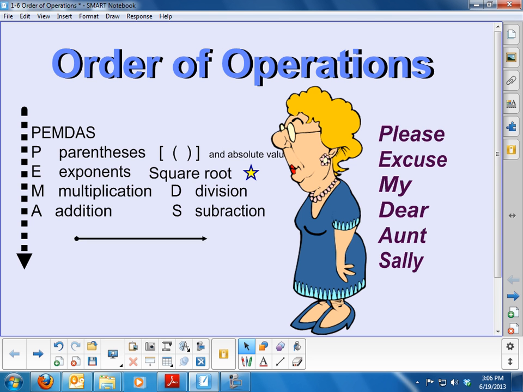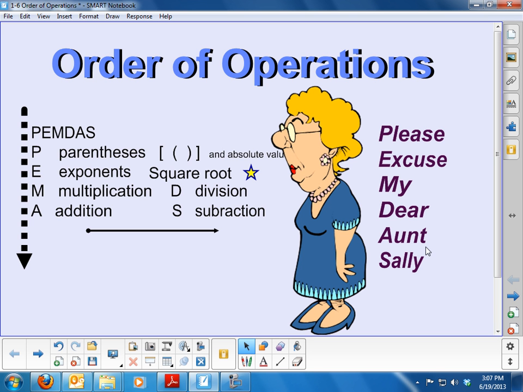That's why I drew this arrow up here, from left to right for multiplication or division. Doesn't matter which one, I put them on the same level. The final level is our addition or subtraction, whichever comes first in your expression from left to right. Okay, so same principles as when you learned order of operations in 6th grade. Now we're just going to take it a step further.